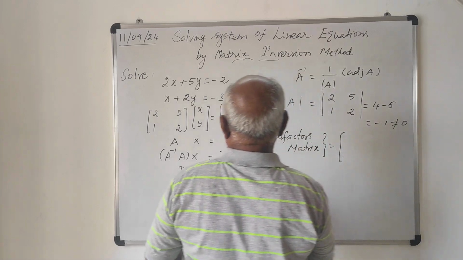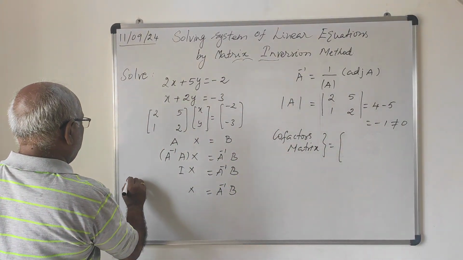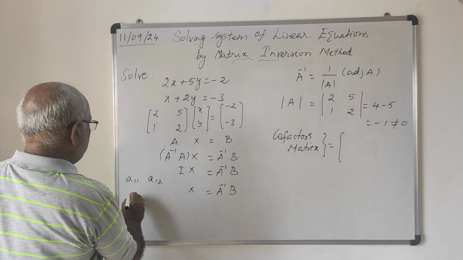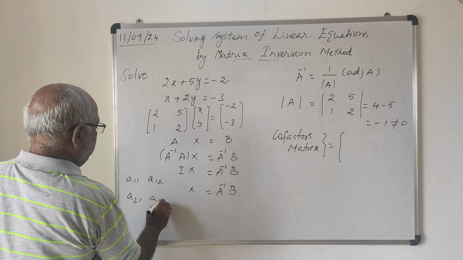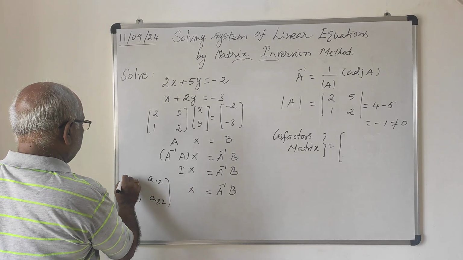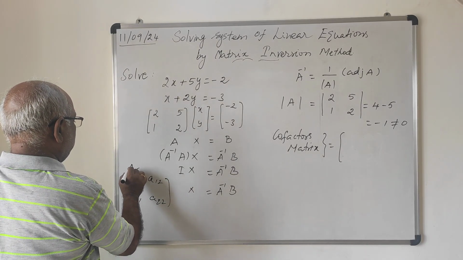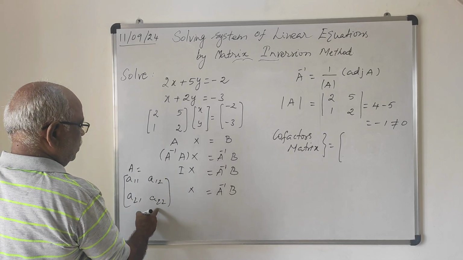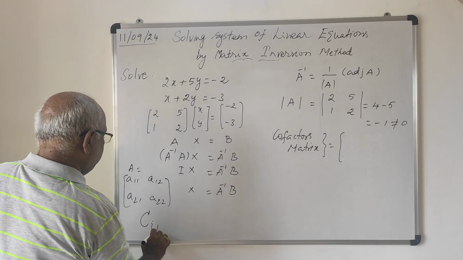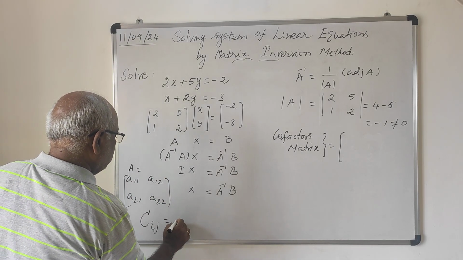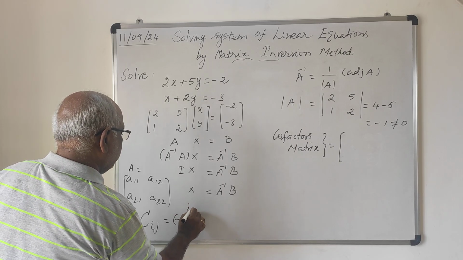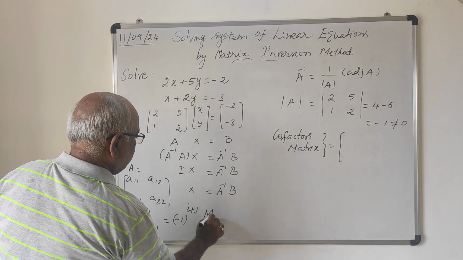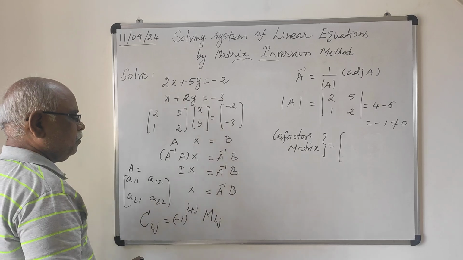See the elements, these are called A11, A12, A21, A22. The elements of A are denoted by A11, A12, A21, A22. The cofactor Cij is equal to minus 1 power i plus j into Mij, the minor.